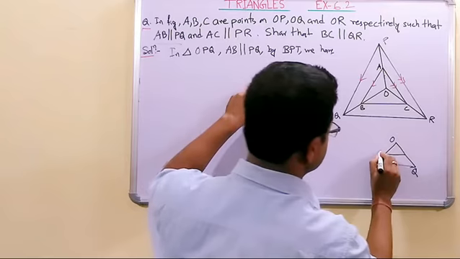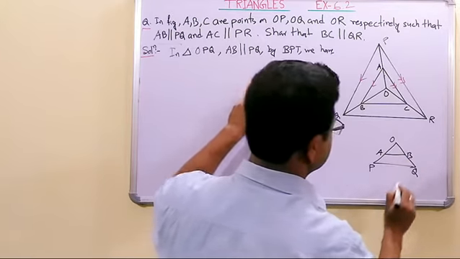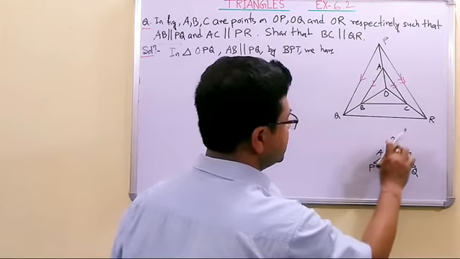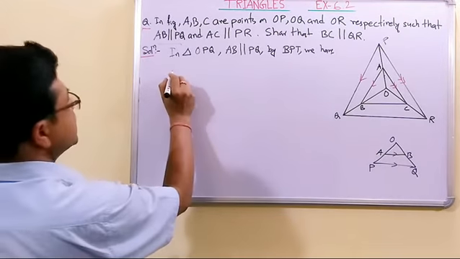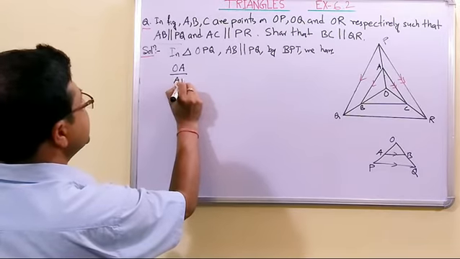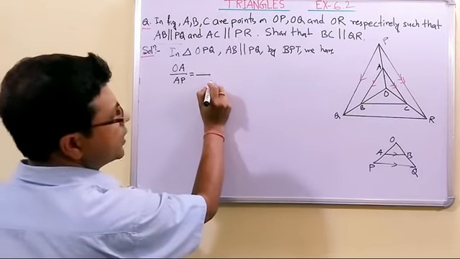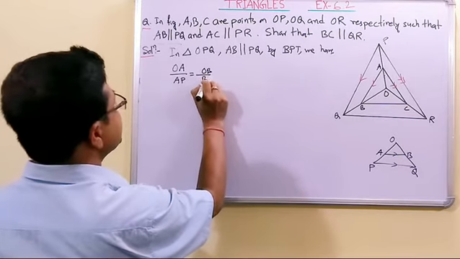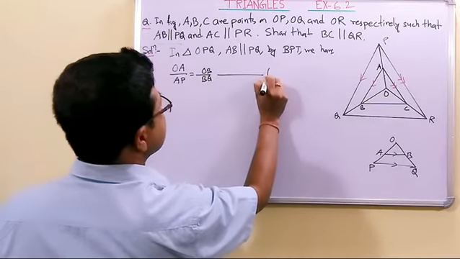AB parallel to PQ, given. As they are parallel, we can write this by this equal to this by this. OA by AP is equal to OB by BQ. This is equation 1.